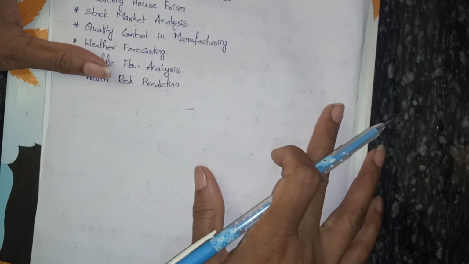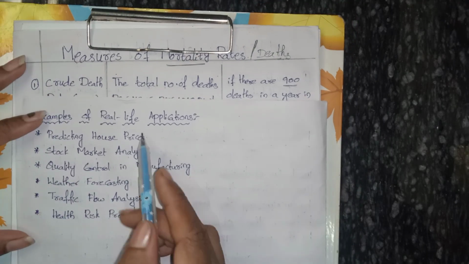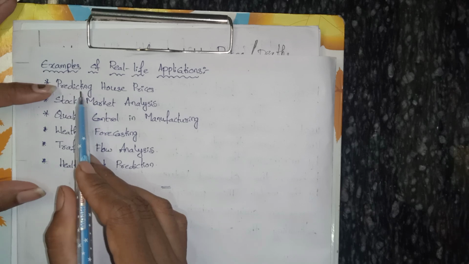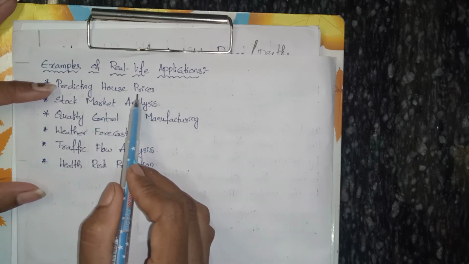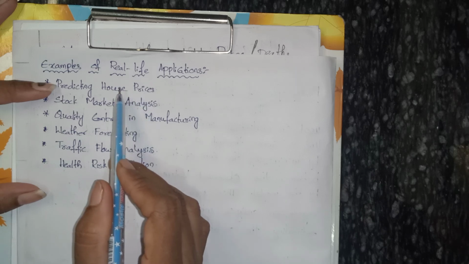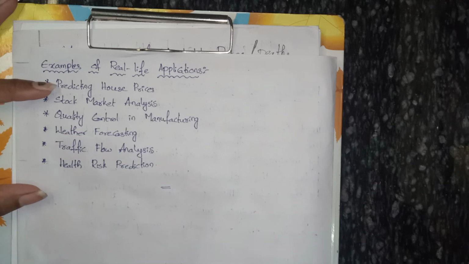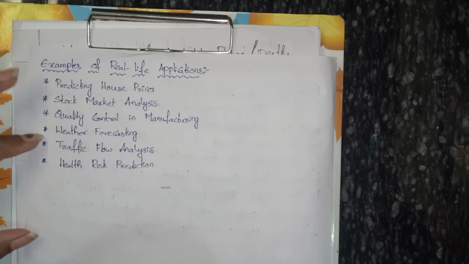Examples of real life applications where we apply it. Predicting house prices: for example, we can predict house prices. If the house is larger, the price will increase, isn't it? And also the location of the house affects the price. Like that they will predict the house price.